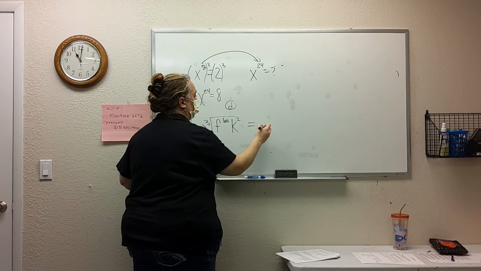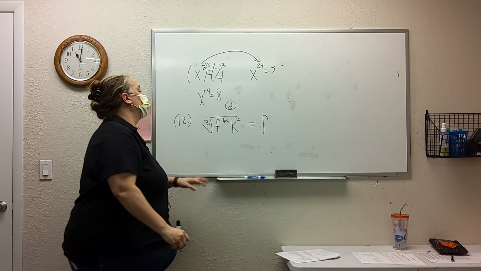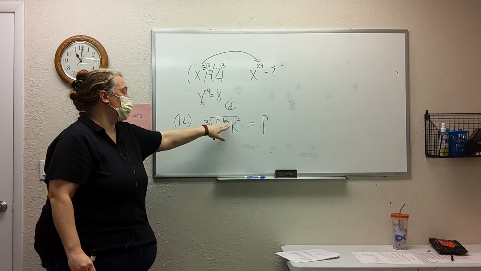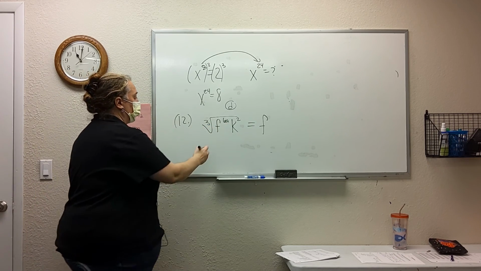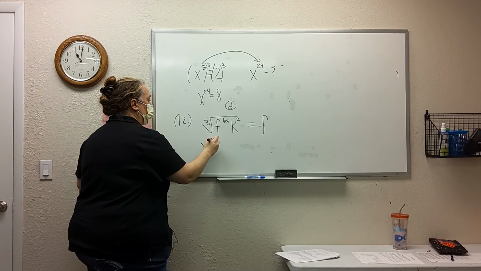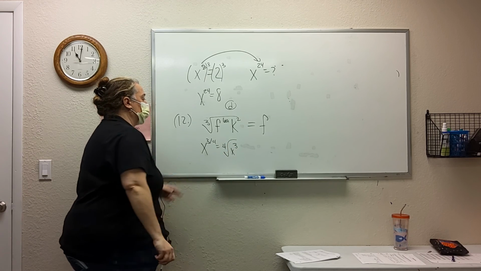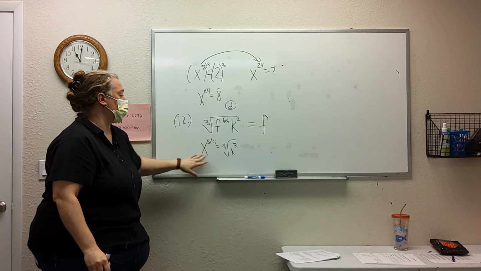All right, so fractional form. We're going to do f, and it's got to be the inside over the outside. Because again, our example was that x to the 3/4 is equal to the 4th root of x cubed, okay? The top number goes in, the bottom number comes out.